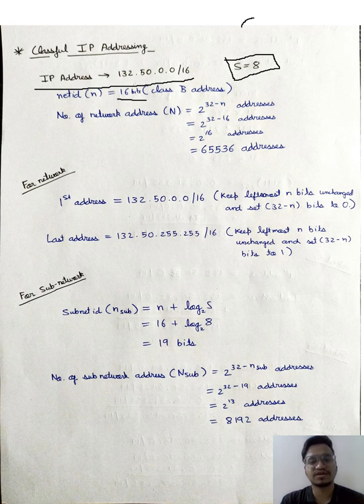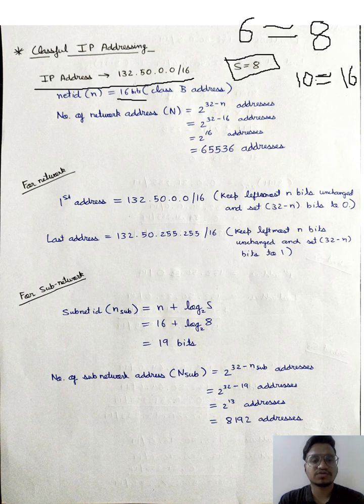Let's say if the number of subnets is given as 6, we can take 8 as the number of subnets. If the number of subnets is given as 10, we can take 2 power 4, which is 16. So this is how we must take the number of subnets in the question. It should always be a power of 2.